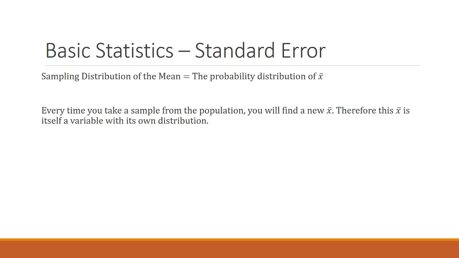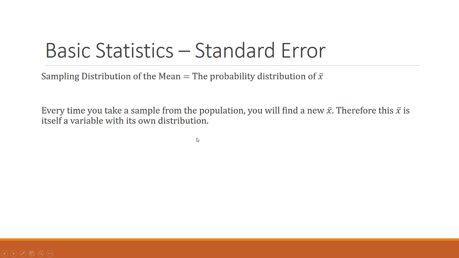But if we went and collected another sample of 1,000 farmers, again, we would have a sample mean, the average in that sample, and that sample mean would be different. And every time we go and collect a sample of data from a population, we will get a new mean, a new sample average.